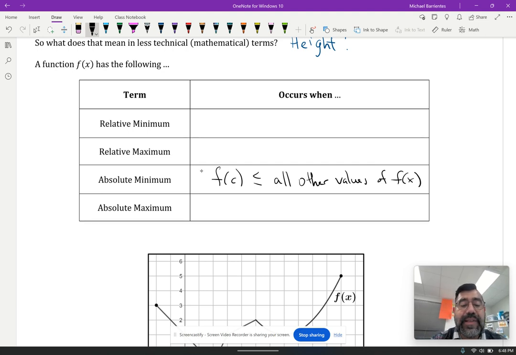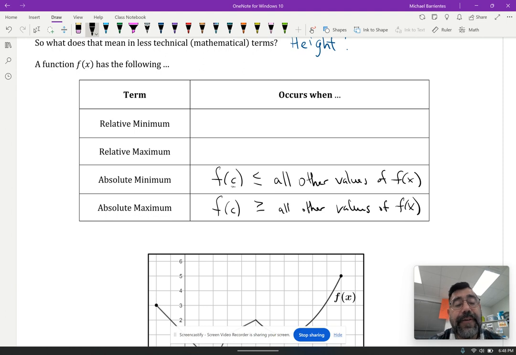So there is this x value, which I'm calling c, that if I take f of c, the y value, it has to be less than or equal to all of the other values on that function. Or if f of c is greater than all the other values of the function, then that would be the absolute maximum.